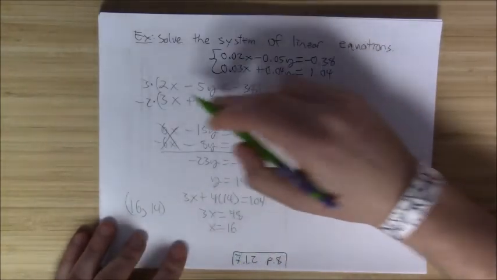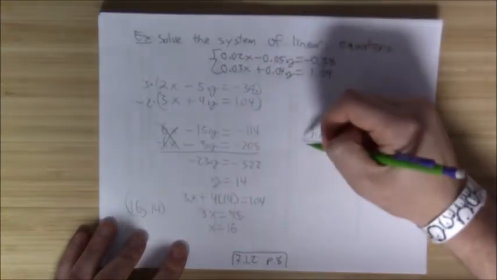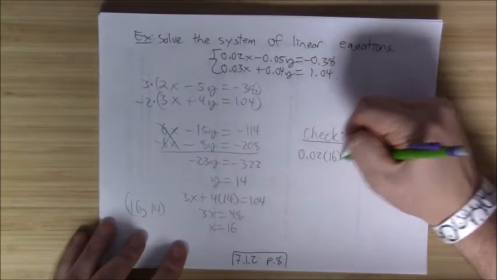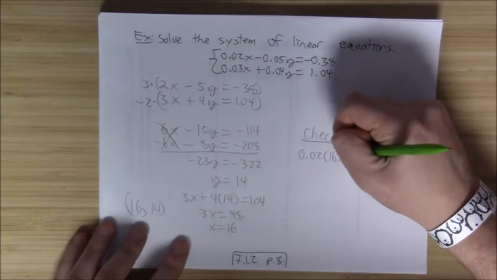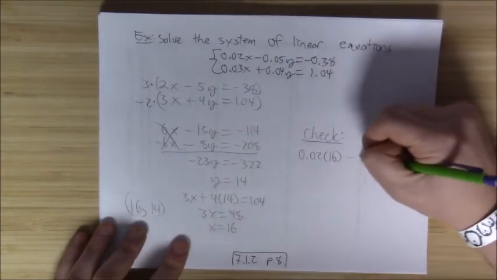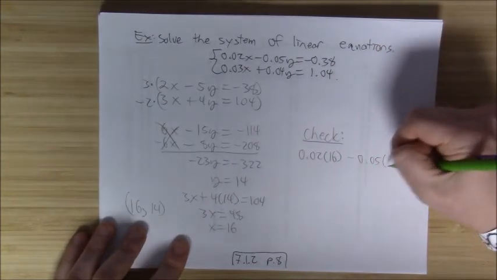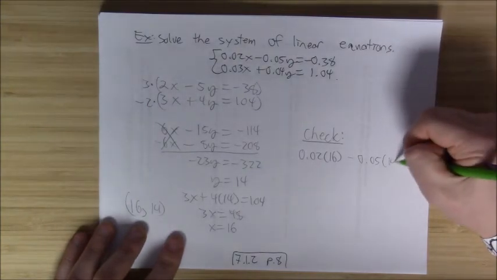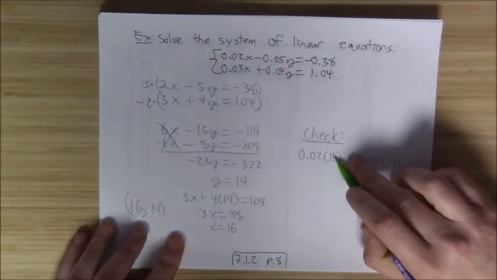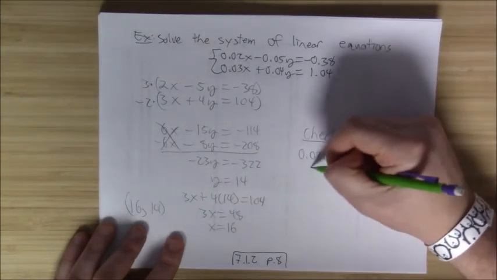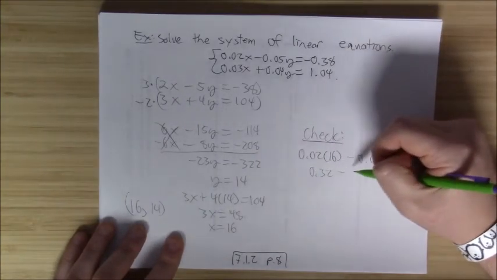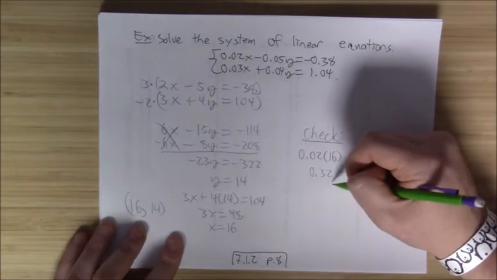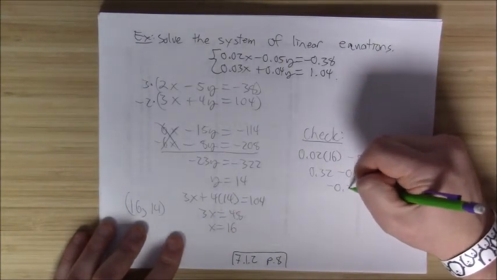Plugging into the first equation, I get 0.02 times 16 minus 0.05 times 14. Multiplying out, I end up with 0.32 there. Here I get 0.70, which when I do that out, I do in fact get negative 0.38.